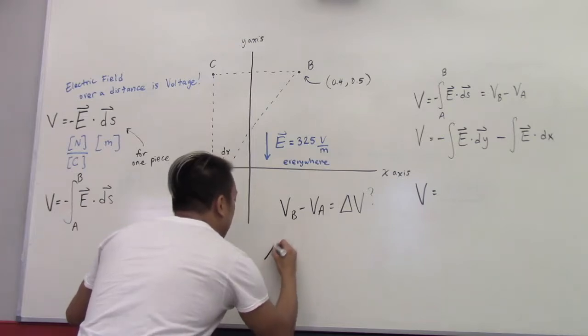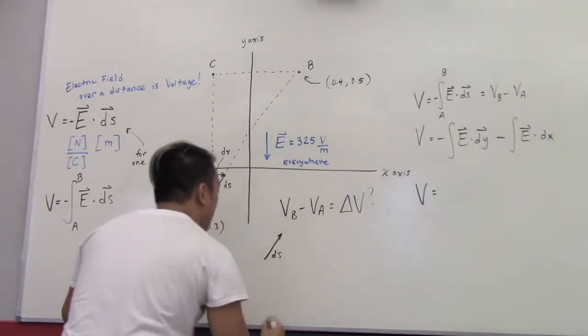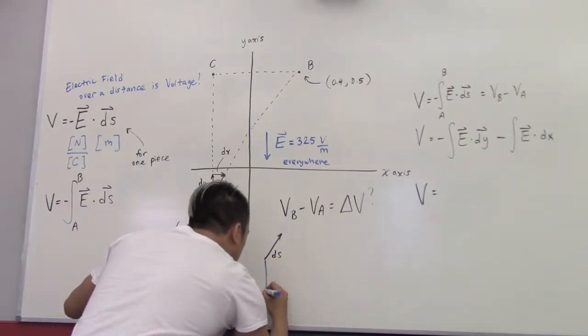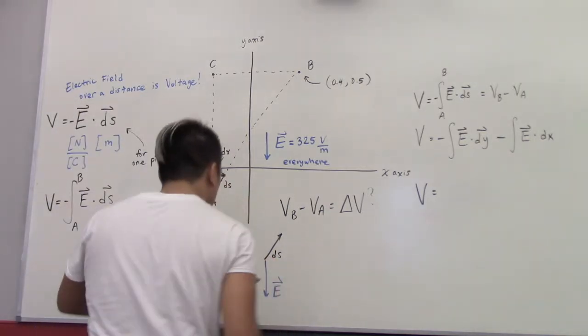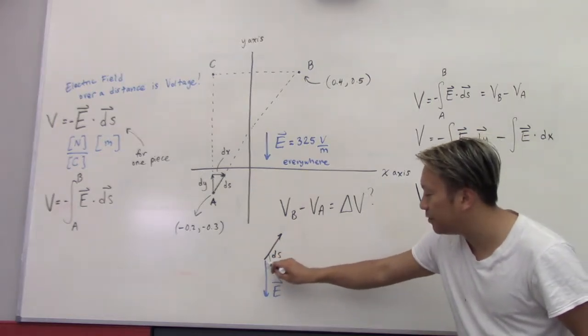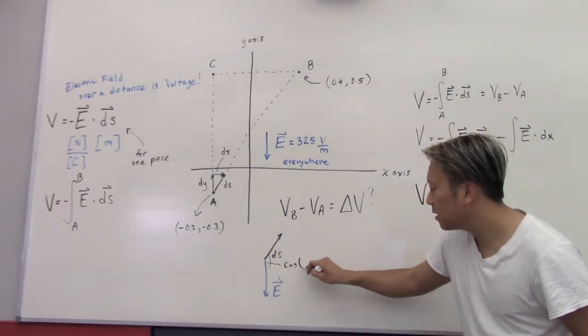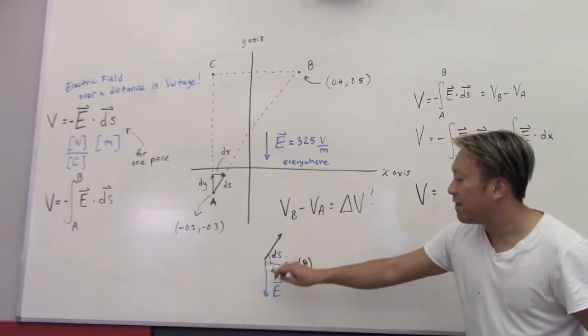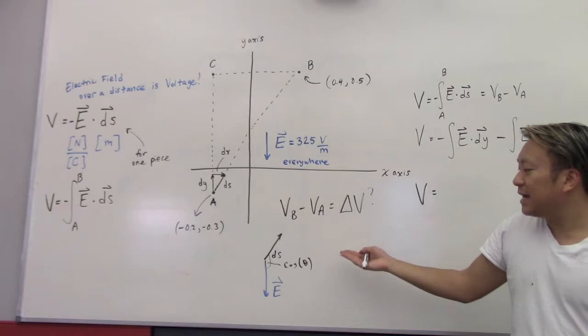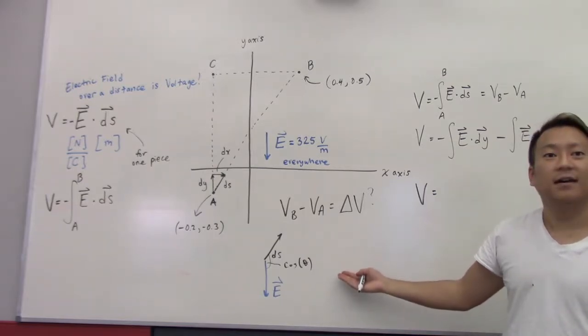Well, it's going to point like this, right? And then the electric field points straight down, right? So if I were to find the cosine of the angle between these, that would be E times ds cos theta.